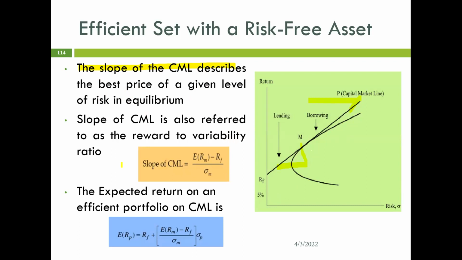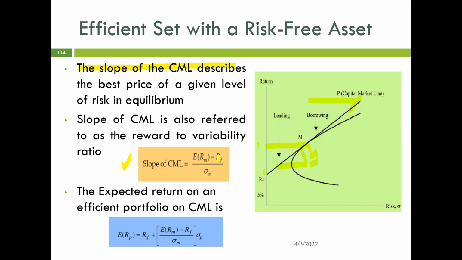You can calculate the slope using this formula. You can see here this is the market portfolio, so the expected return of the market minus the risk-free rate. That is this difference.